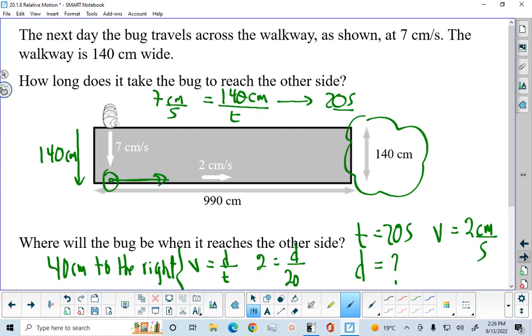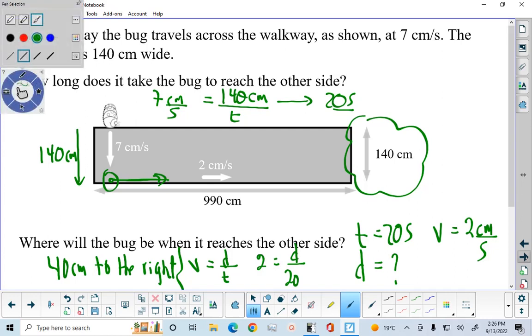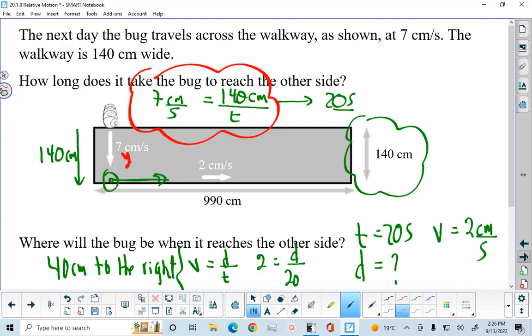And the thing I want to point out to everybody before we get formally started with the lesson, and this is the most important aspect of this little warm-up that I've made for you, is the following. When we did this calculation, that speed was a vertical speed and that displacement was a vertical displacement.